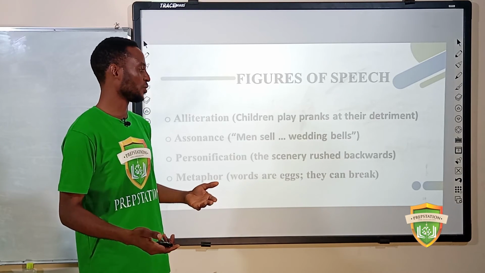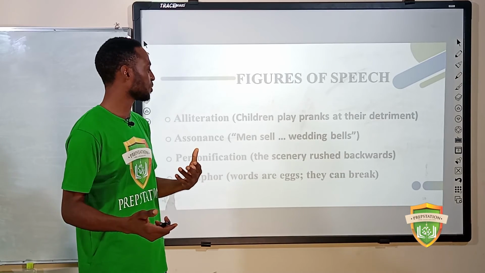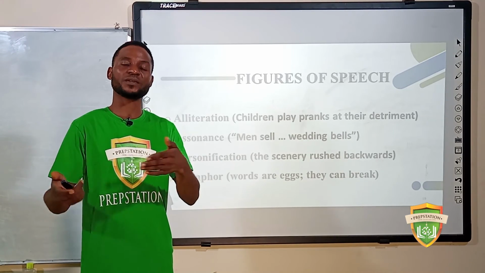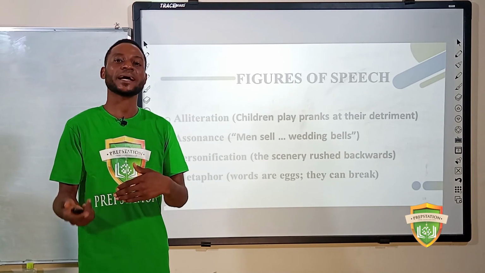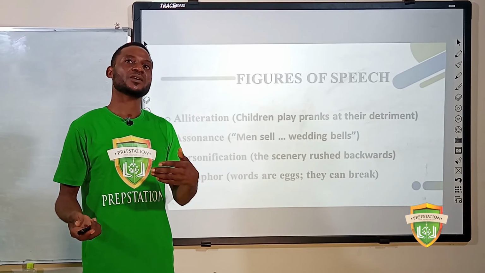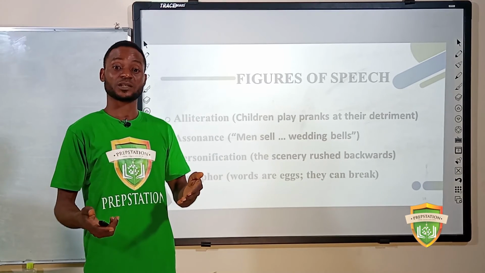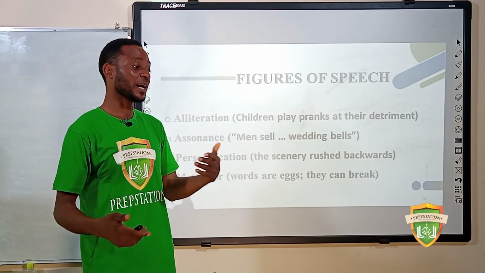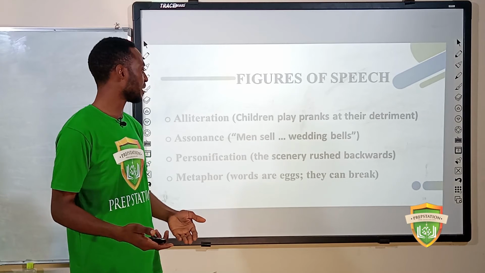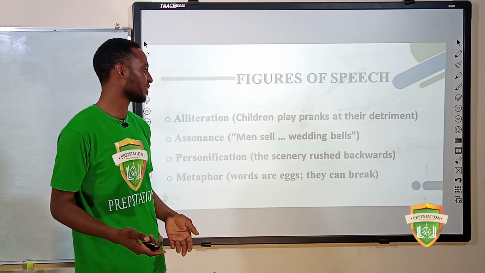Of course, you should have an understanding that metaphor refers to a comparison that does not involve the use of as or like. That's a simple definition. But then beyond that, we have metaphor. Metaphor occurs sometimes when you have an expression that has an underlying meaning. You understand?